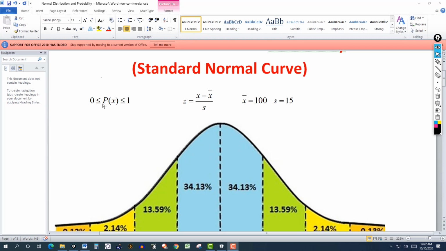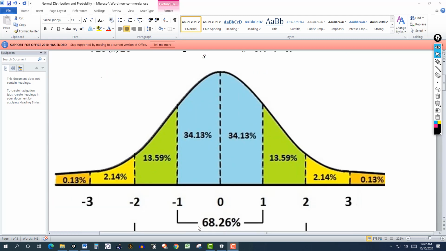If the probability of a certain event occurring is 1, that means it's certain to occur.